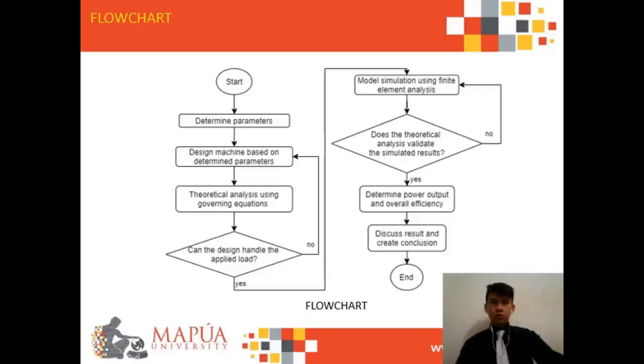Simulations are useful to know how it will perform close to the actual. After knowing that the machine can handle the load safely, the power output based on the generator's rating is computed. Knowing the input power and the output power, the overall efficiency is computed.